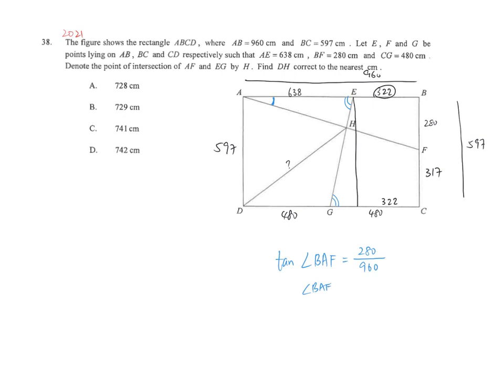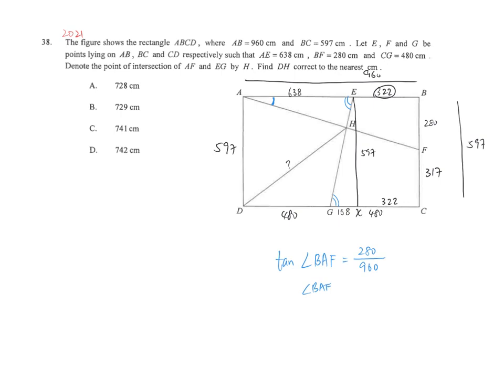Therefore, for the remaining part, if I make a new letter, say X, GX will be just 480 minus 322, which is 158. And we know the complete height E to X is 597.